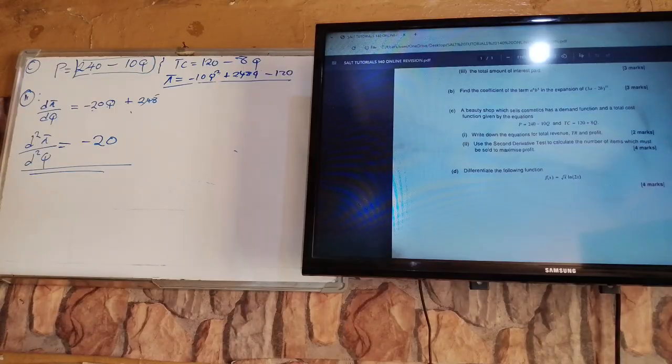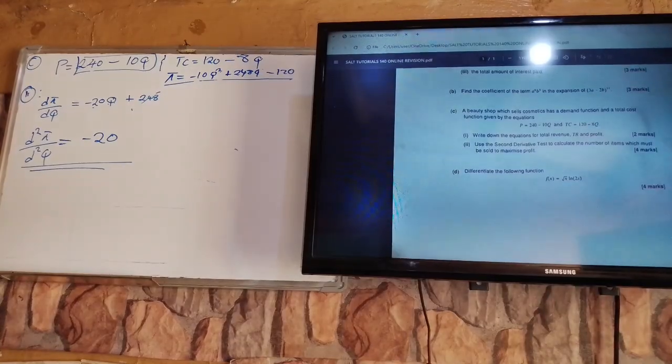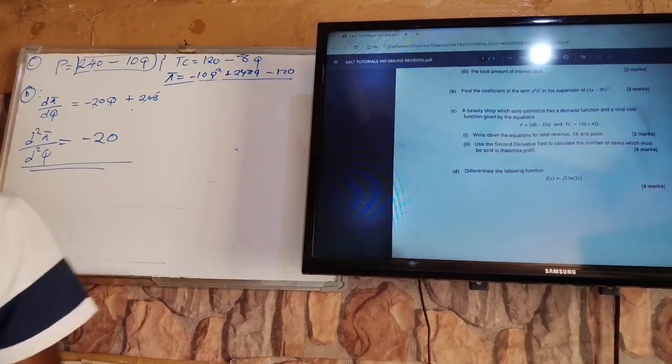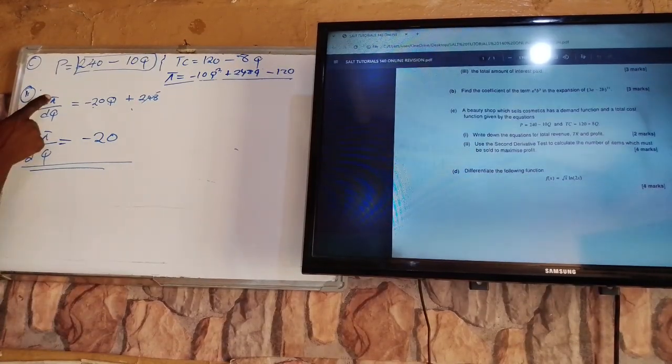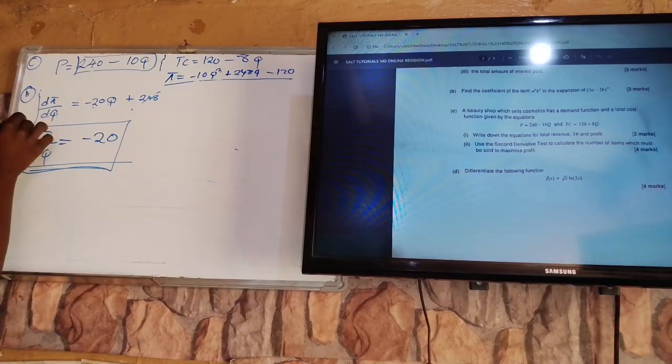So this is my second derivative function, and this is my first derivative.